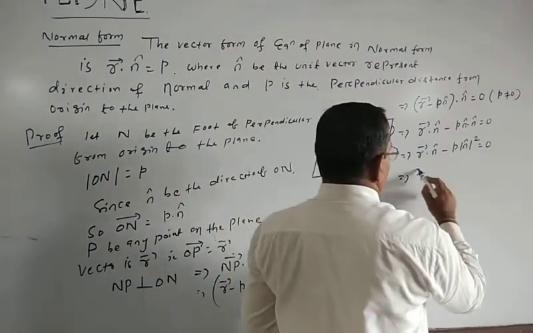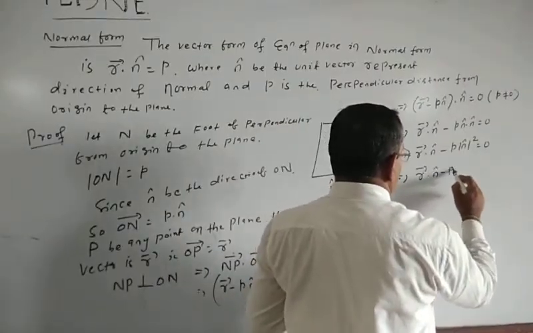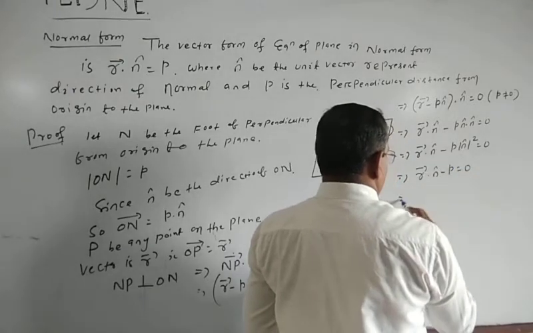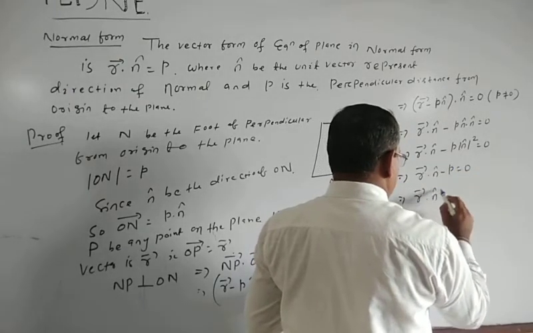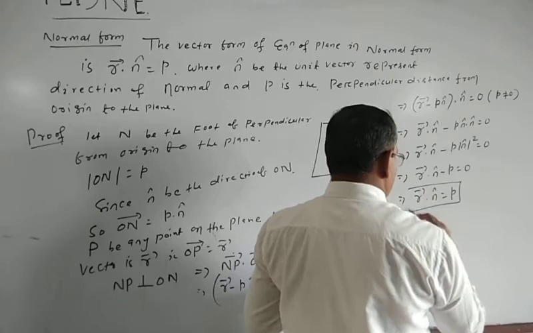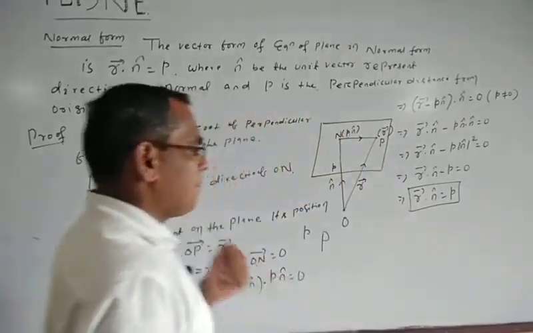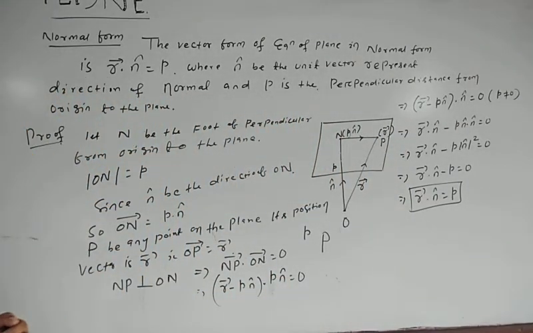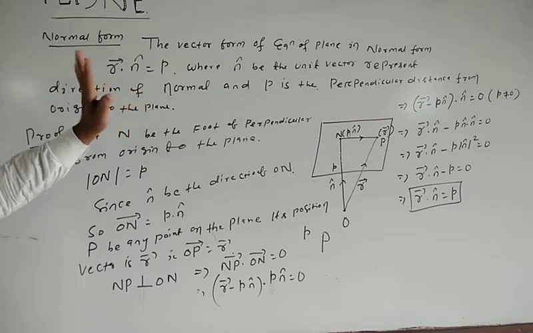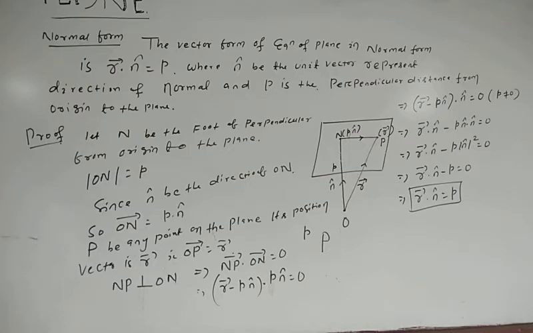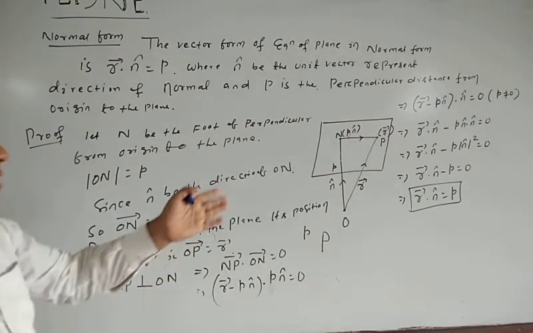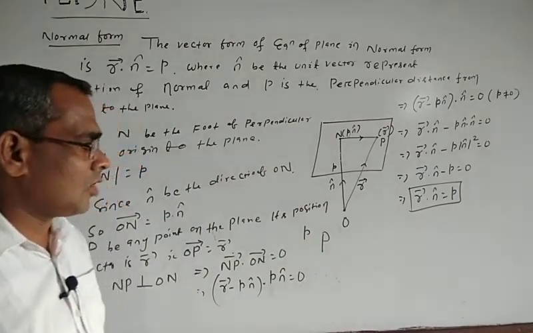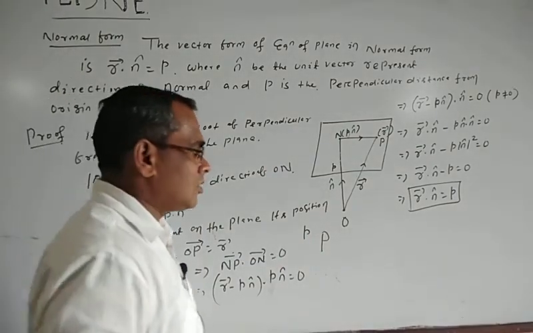That implies r vector dot n cap minus p is equal to 0, so r vector dot n cap is equal to p. Clearly this is the vector equation of the plane in normal form, r vector dot n cap is equal to p, where p is the perpendicular distance from the origin to the plane and n cap is the unit vector which represents the direction of the perpendicular. Okay, now its Cartesian form.